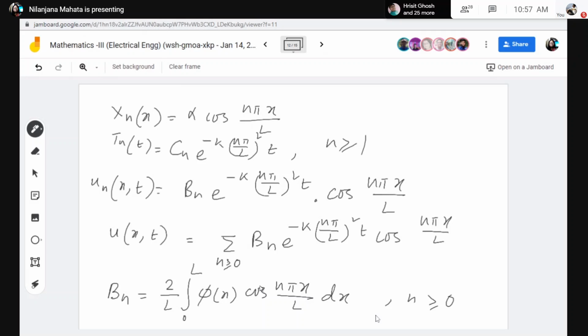So for a given problem, your phi(x) will be given, and you will be able to do this integration. You will find this b_n, and then you will put it in the general form, and you will get the solution.